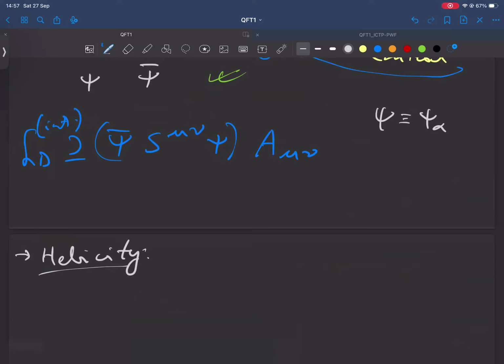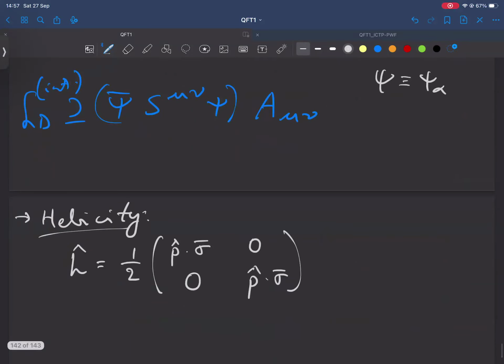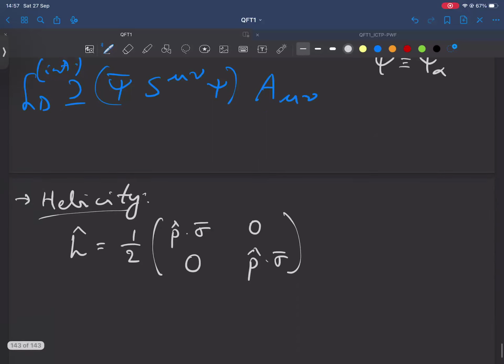So helicity is defined as this matrix. The helicity operator is this matrix: the momentum unit vector times the Pauli matrices, which, as you know from your quantum mechanics course, have to do with the spin quantum number.